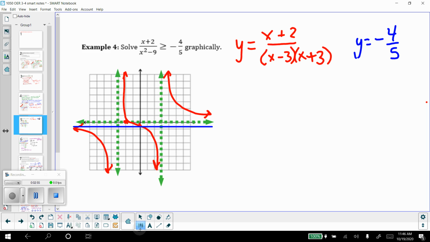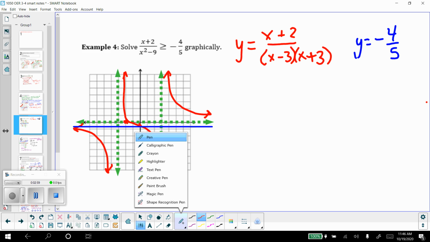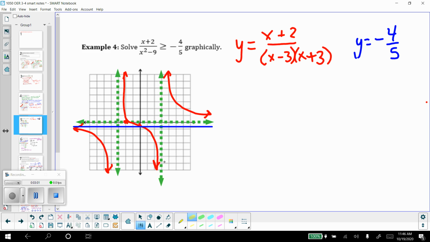So we're looking at the pieces of graph, and here I'm going to use a highlighter, that might help. So where the red is above or equal to the blue, that would be this piece right here, and this entire piece is above the blue.